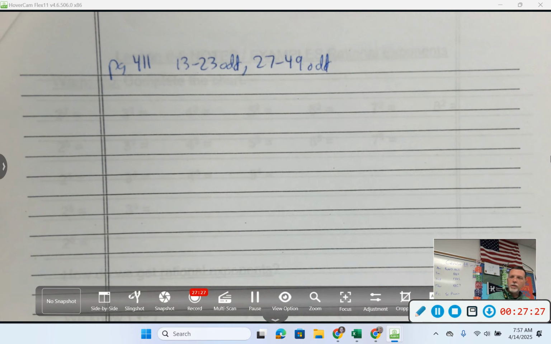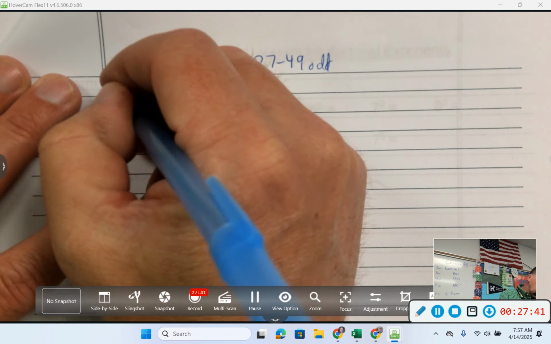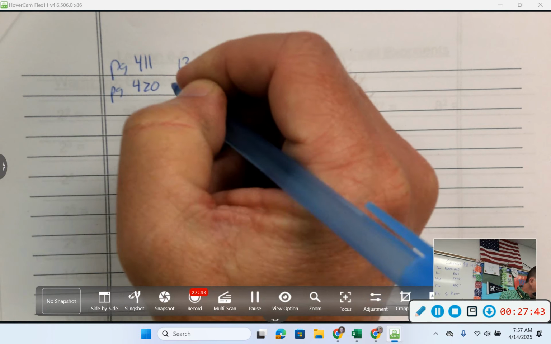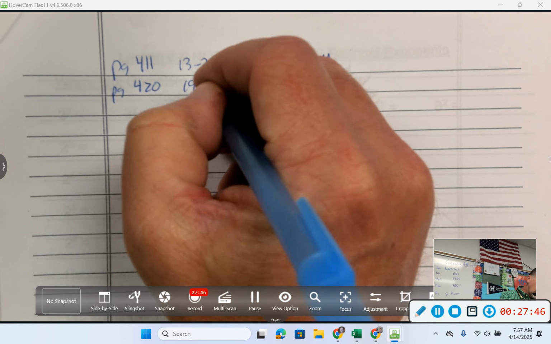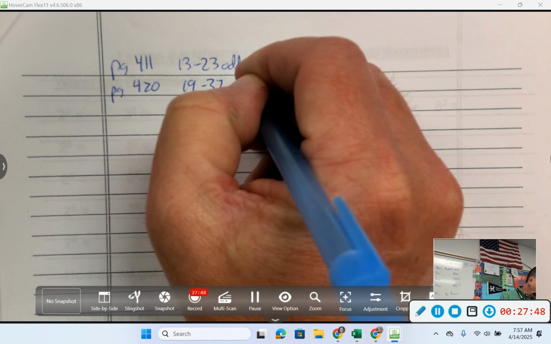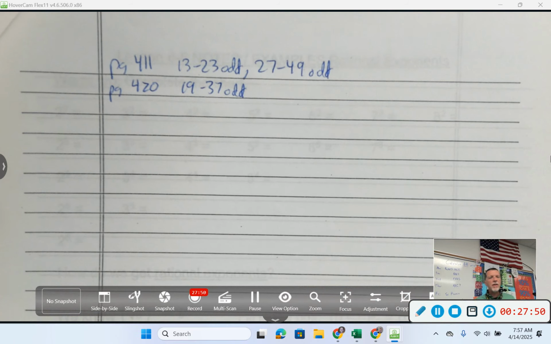And yes, you're welcome to take pictures. There's books under some of the desks. There's also 10 more on the bookshelf back there. And then, just to make your life more fun, page 420, 19 to 37 odd. I bet those go quick, though.